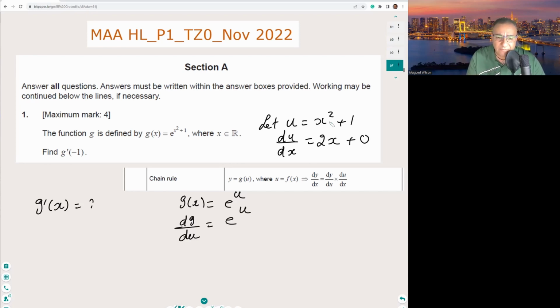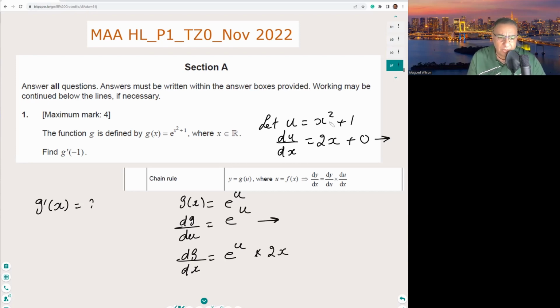Then dg by dx is going to be dy by du, which is e to the power of u, times du by dx, which is 2x.